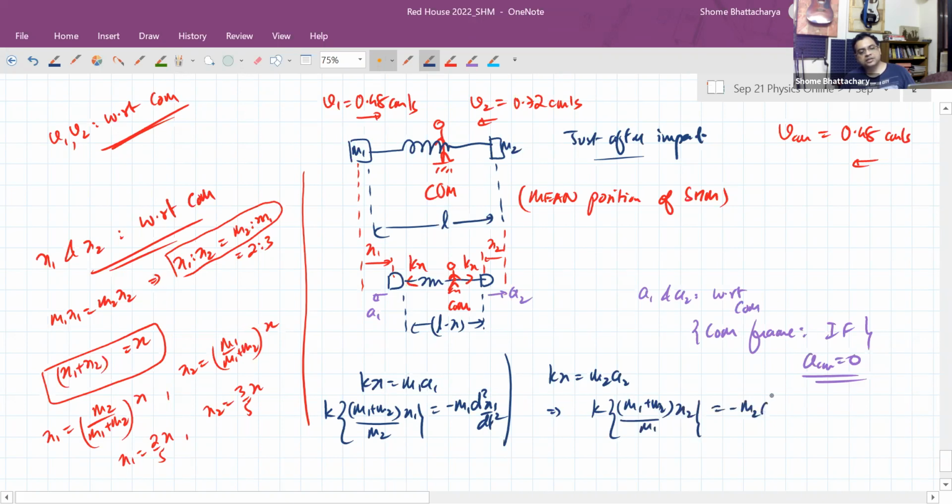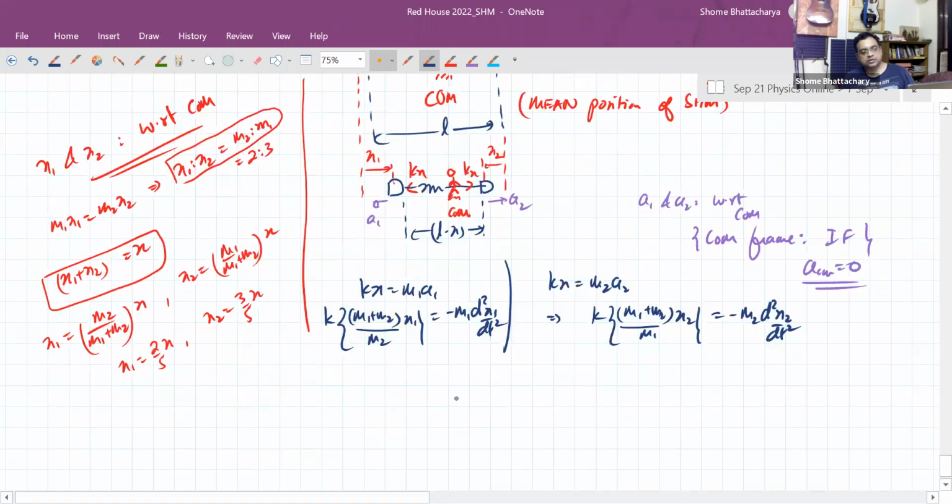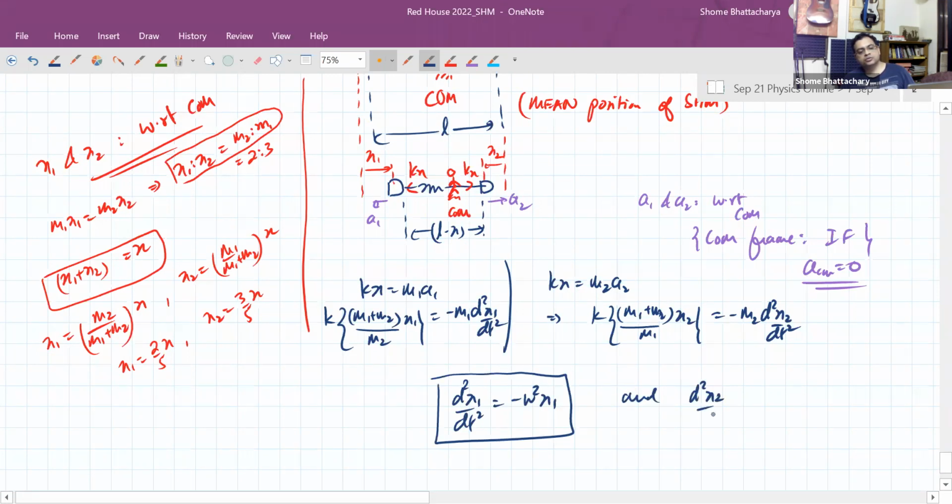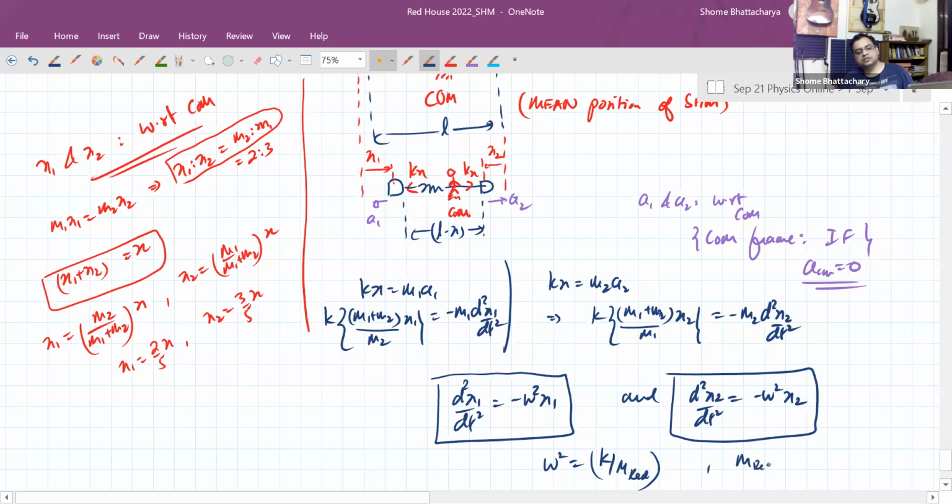On the other side, I can replace A2 with d2x2 by dt square. So both of them are giving you your regular SHM equation with reduced mass. d2x1 by dt square is minus omega square x1, and d2x2 by dt square is minus omega square x2, where omega square is k upon reduced mass, where reduced mass is once again m1 m2 upon m1 plus m2.